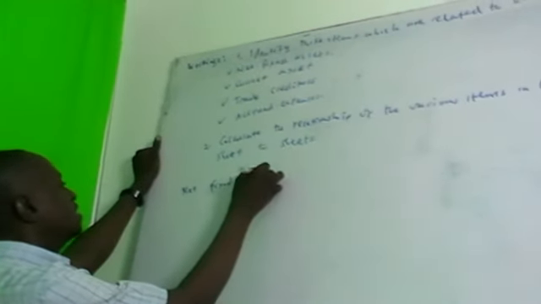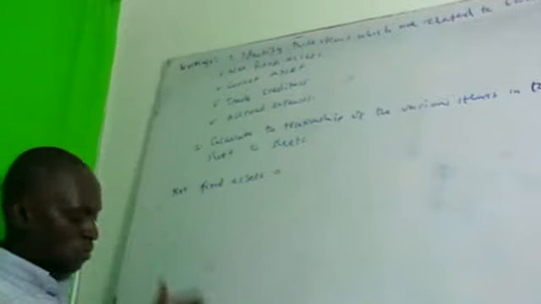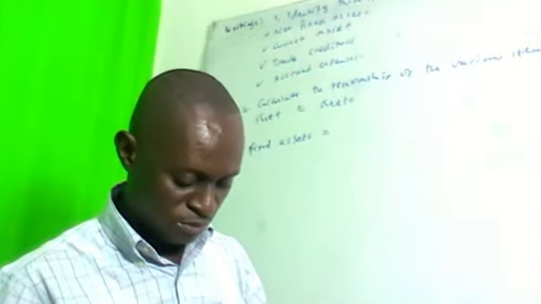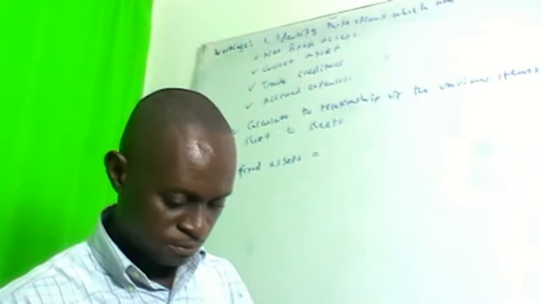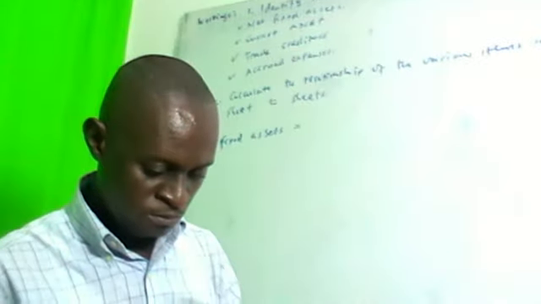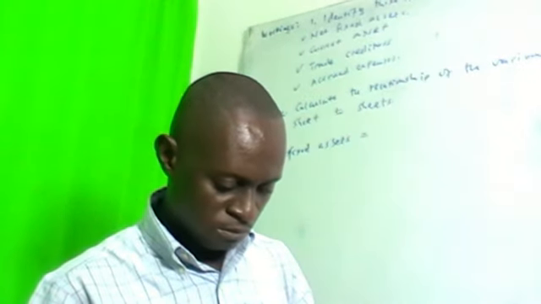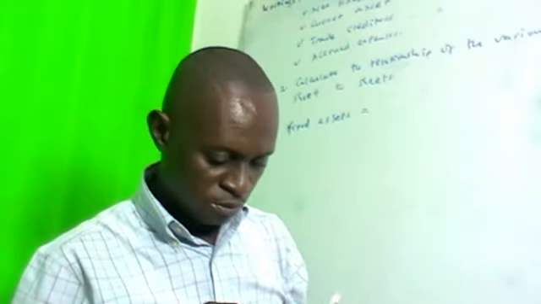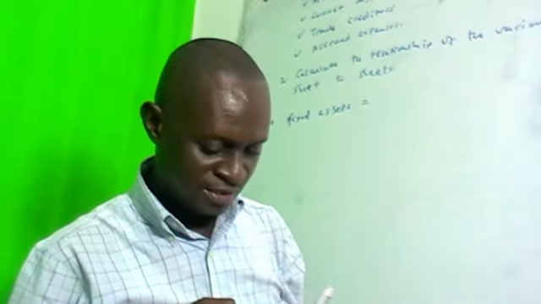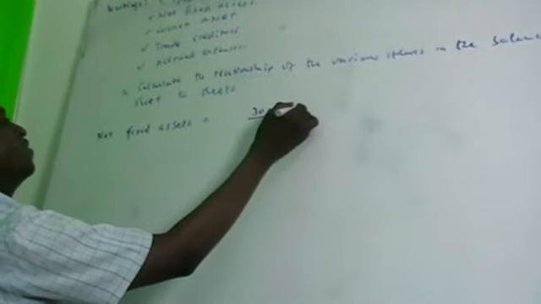So net fixed assets. How much was the figure? From the question, the net fixed assets is 300. Now this is 300,000.